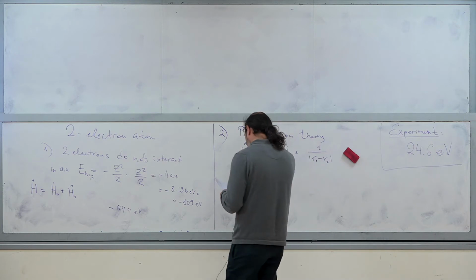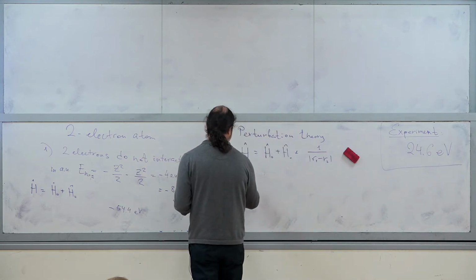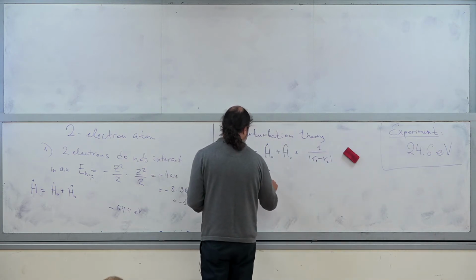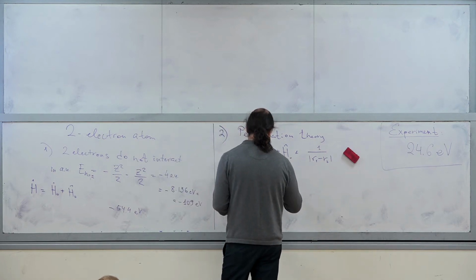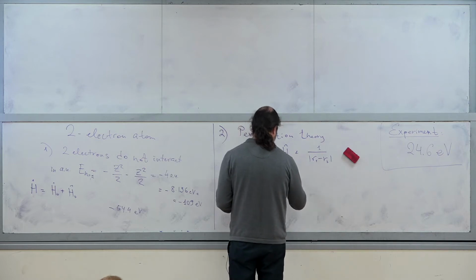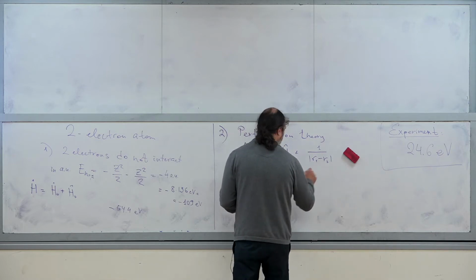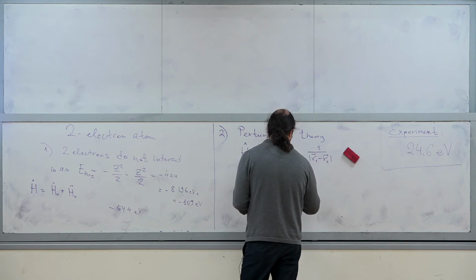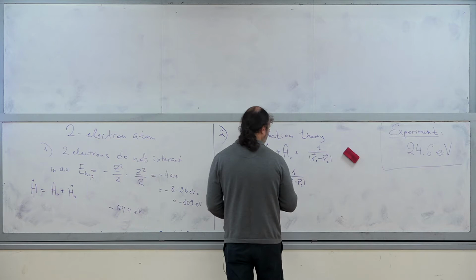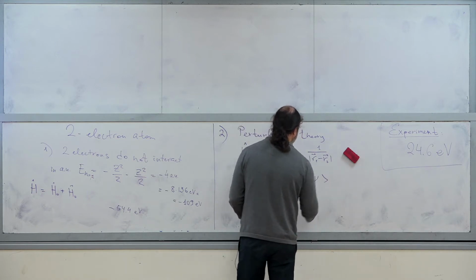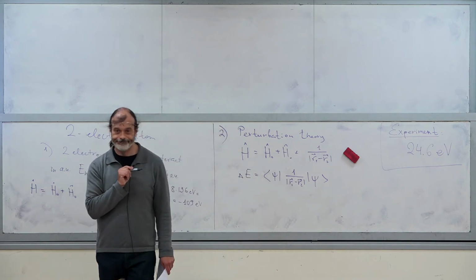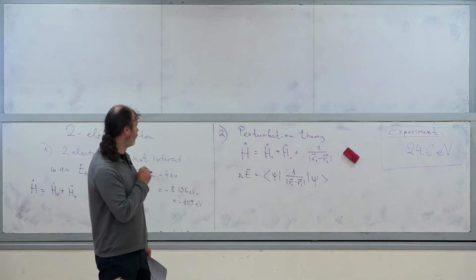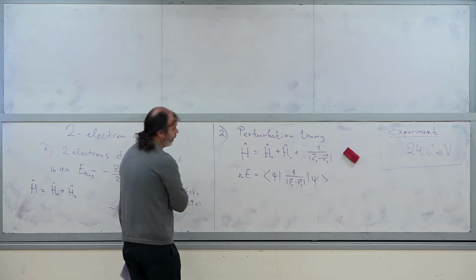So the energy shift will be equal just to the wave function, right, closing over r1, r2, the interaction 1 over |r1 minus r2|. That's the interaction between the electrons. So we have to calculate this term. Okay? That's what we need to do in order to apply the perturbation theory.